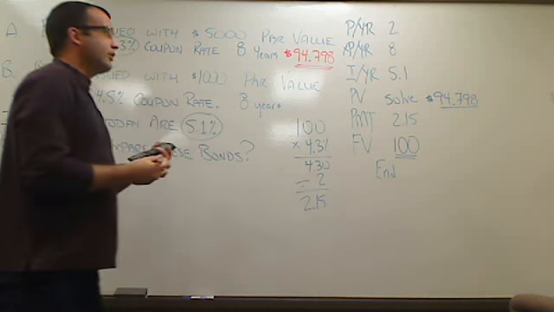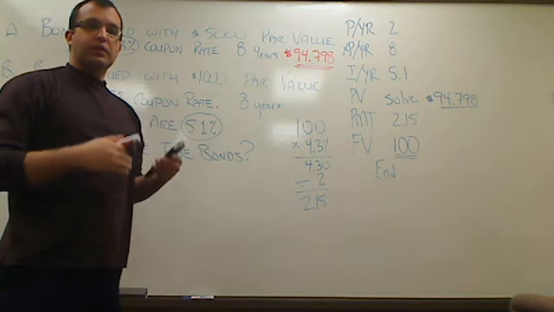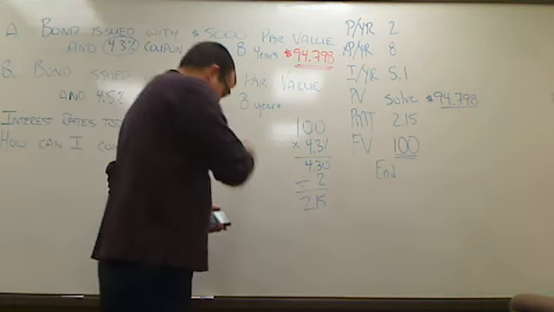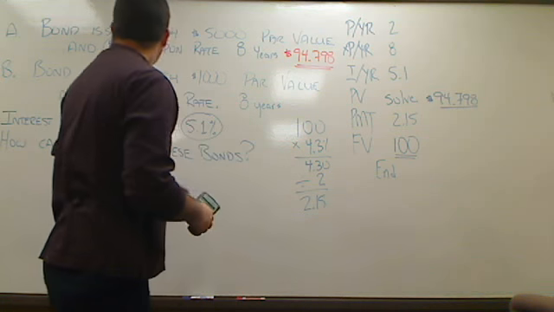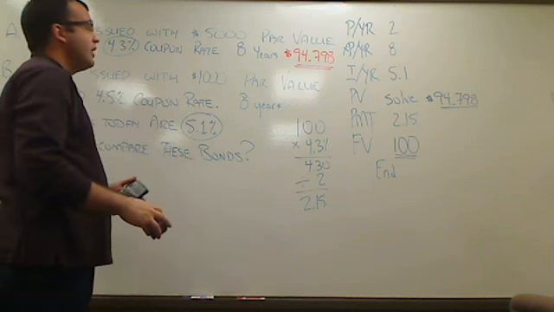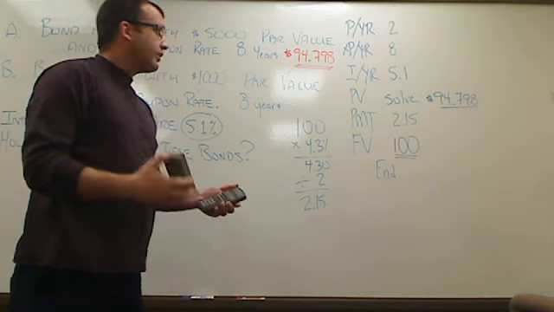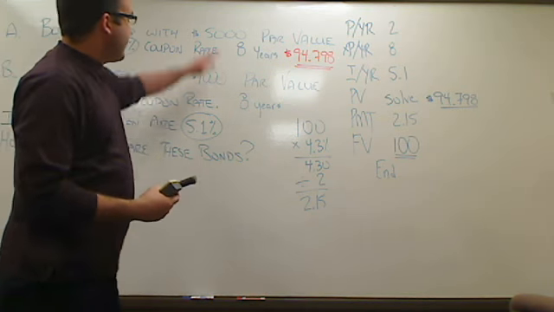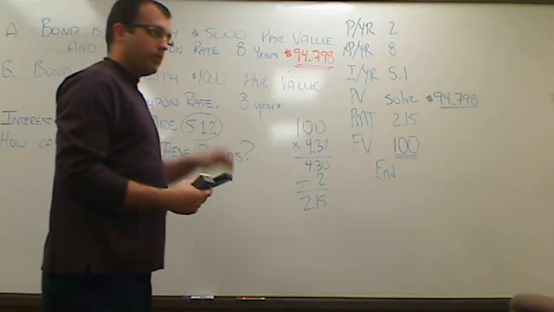That would be its price if we're comparing it to other bonds. Now we can solve for bond B, and once we solve for bond B, we have a method to compare the two bonds even though they have dissimilar par values.